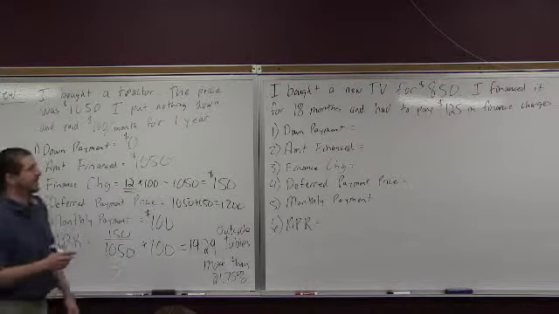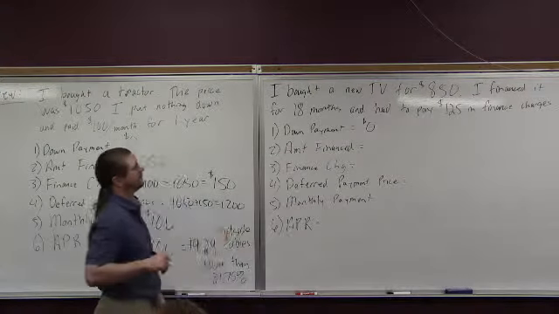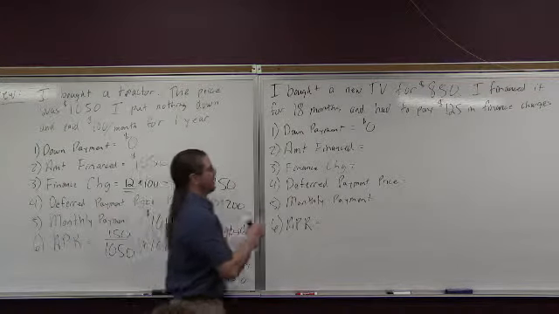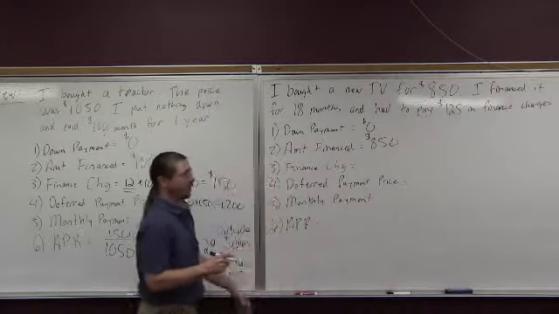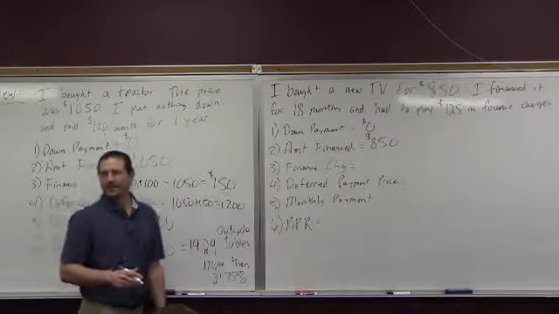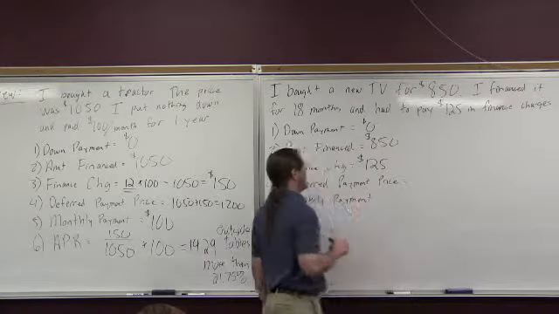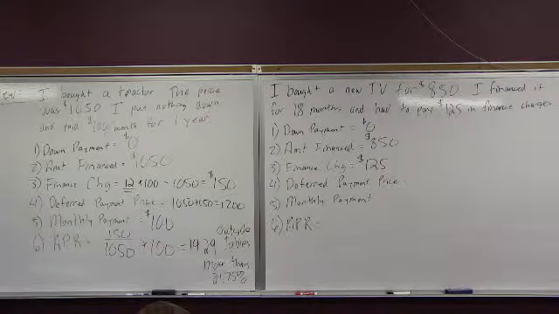If I don't tell you I put anything down, I put nothing down. 0 again. So how much did I finance? $850. What was the finance charge? Nice one starts off like that. Alright, what is the deferred payment price, or what I really paid for this TV?